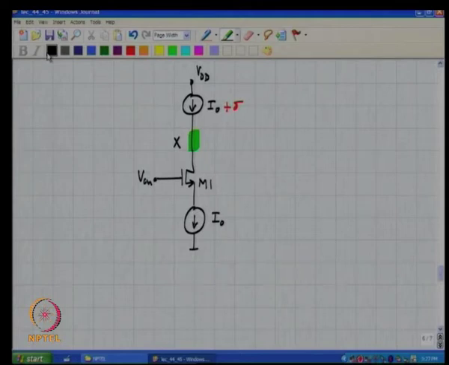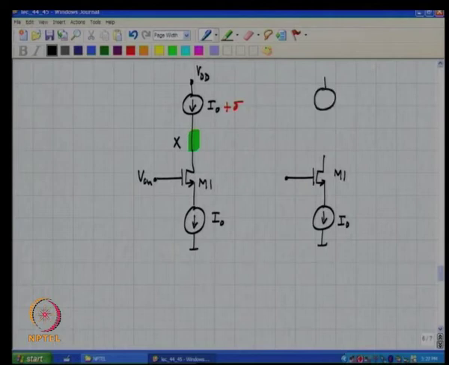In other words, I will assume that this tail current I naught is independent and the load current is dependent on I naught, right.